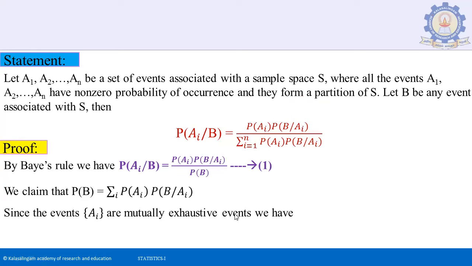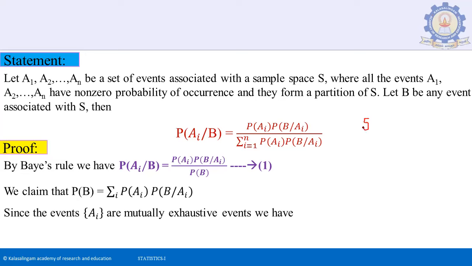They form a partition of S. Let B be any event associated with S. Then P of Ai given B equals P of Ai into P of B given Ai divided by the summation of P of Ai into P of B given Ai.